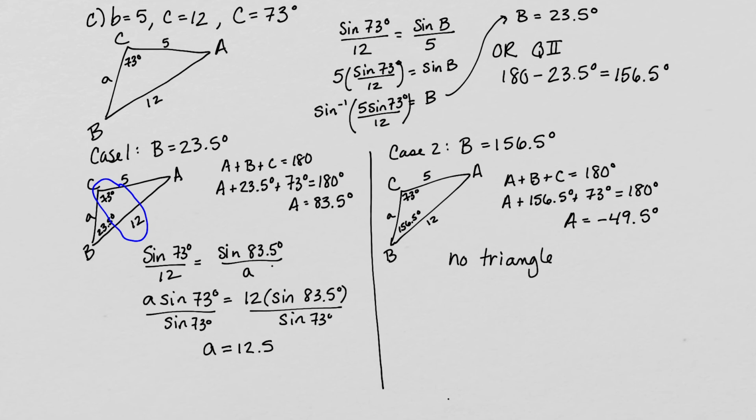It only comes from case 1. Case 2 doesn't give us any answers. So that can happen. You can break it into 2 cases, and it's possible that one of the 2 cases may not work. It's possible both cases might work, like in my last example, but it's also possible one of those 2 cases may not work, like in this example.